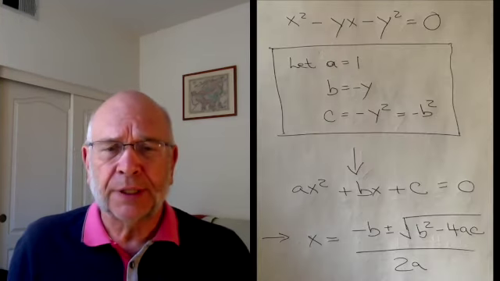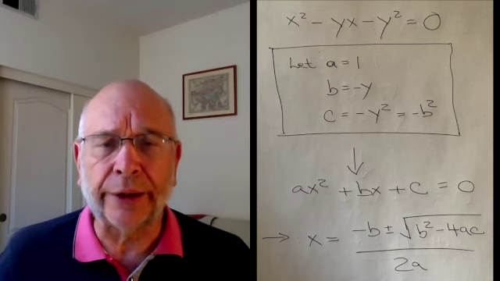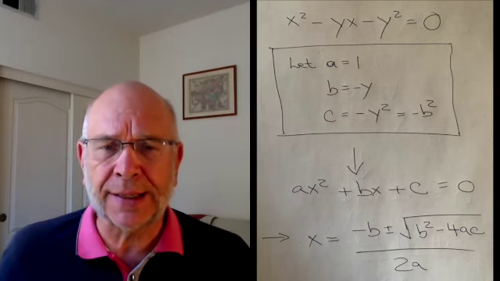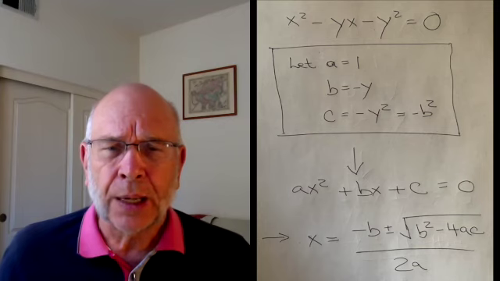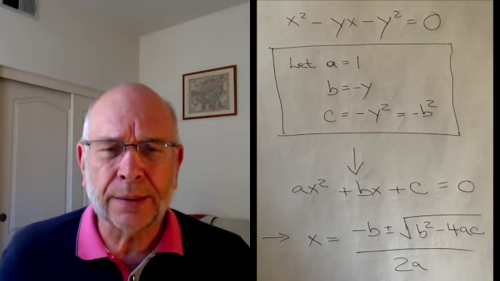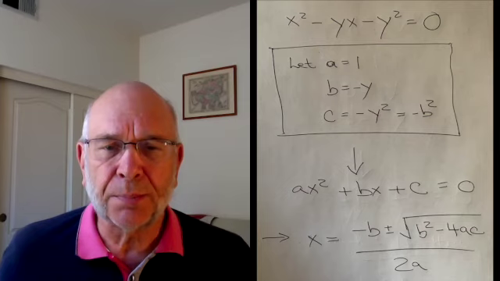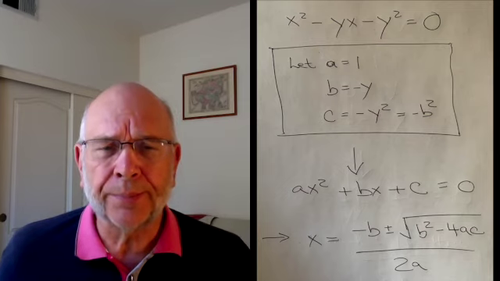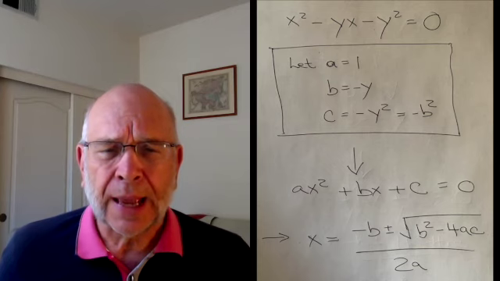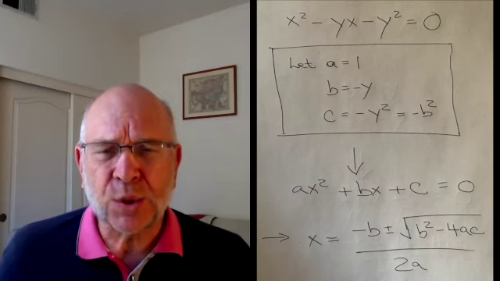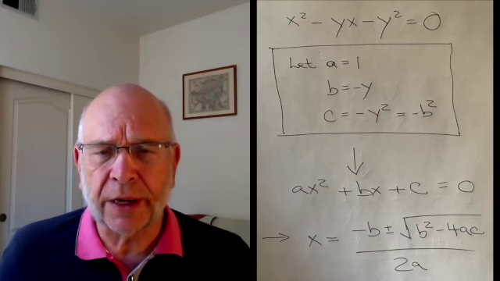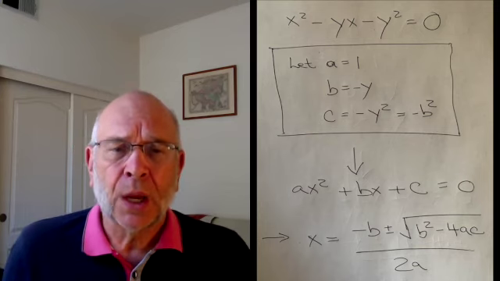Now, you can see that's a quadratic equation in x and y. To see that even more clearly and to aid us in getting the solution, let's introduce some additional components. Let A be 1, B be minus y, and C be minus y squared, which given the above is also going to be equal to minus b squared.